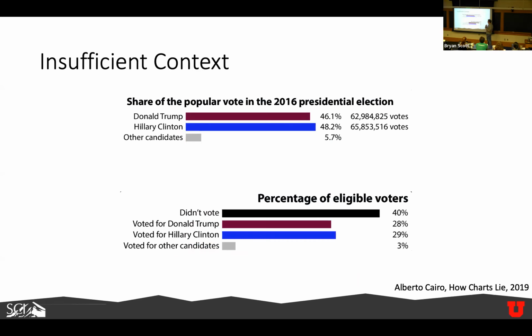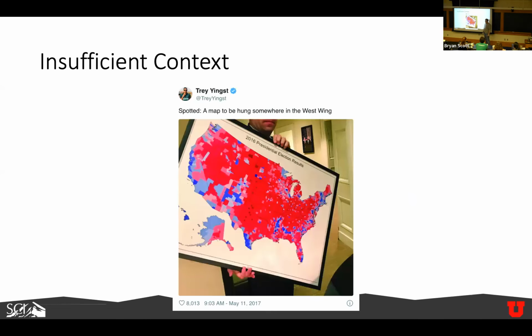What matters for who wins an election actually is not even either of these. It's not the popular vote, it's not the percentage of eligible voters. It's not the number of counties that you win, right? It's how many states you win. So the popular vote within states. So while this chart might be true, it's a complete misrepresentation of the way the election happened.